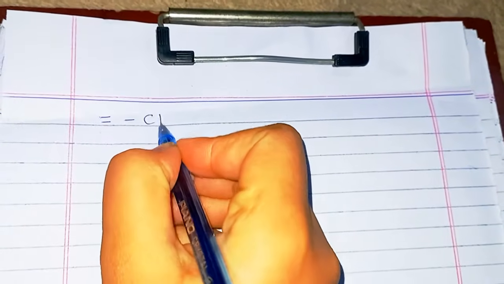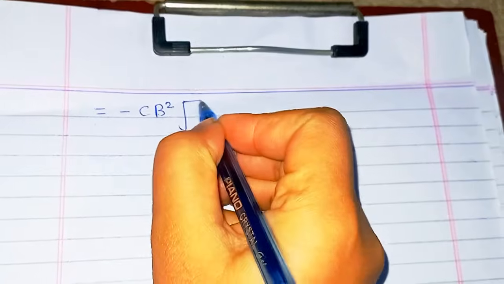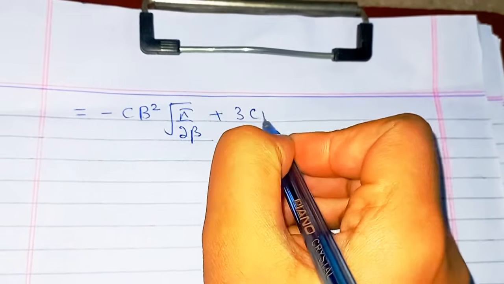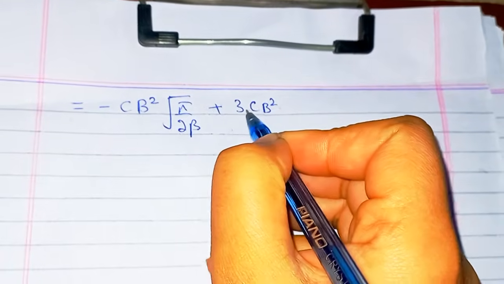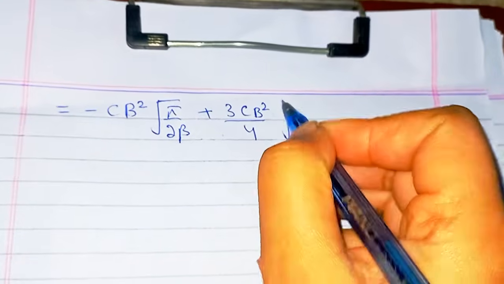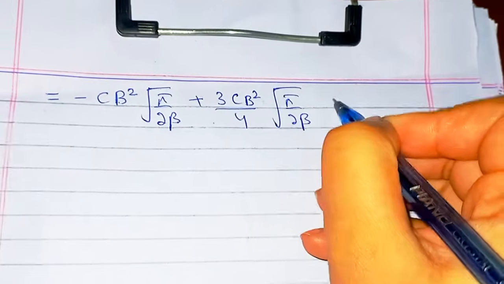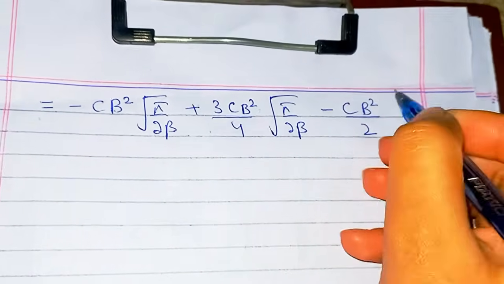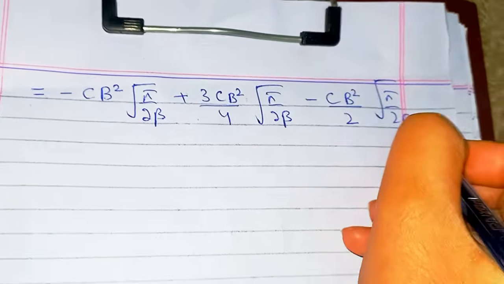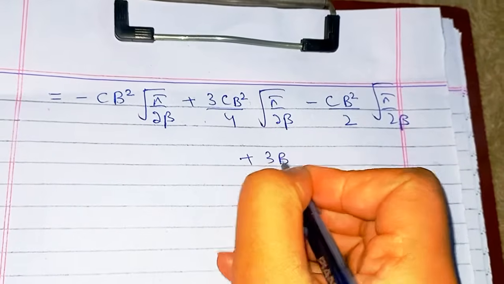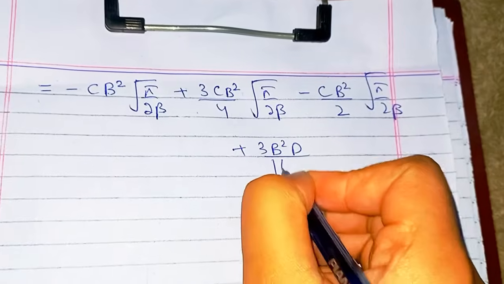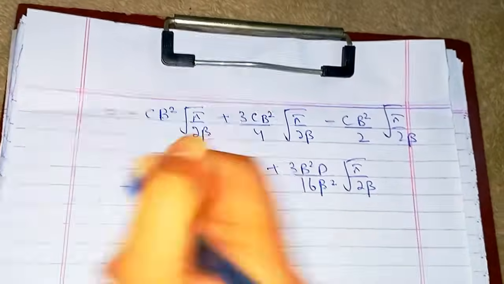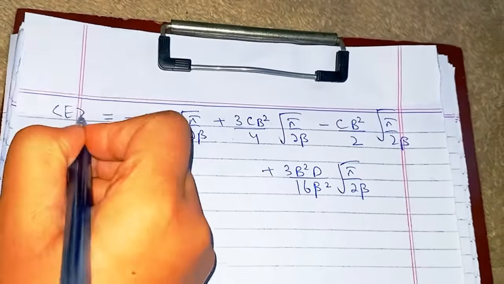It's minus cb square pi by 2 beta plus 3cb squared by 4 pi by 2 beta minus cb squared by 2 pi by 2 beta plus 3b squared d by 16 beta square pi by 2 beta. That's the energy so far.